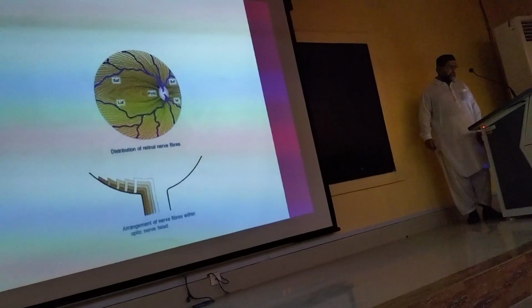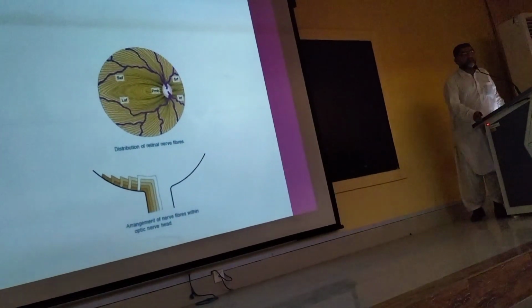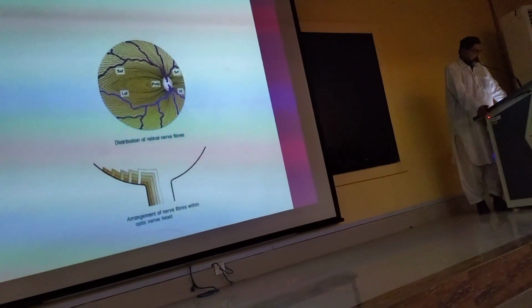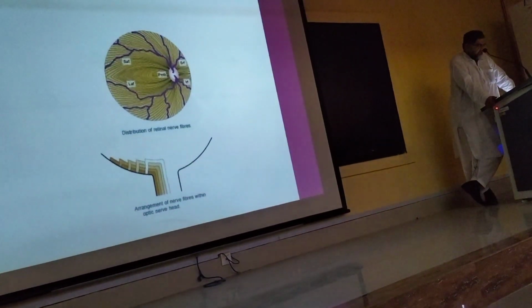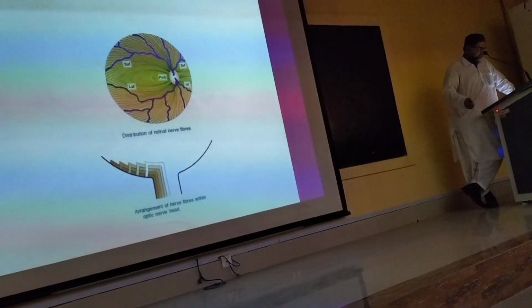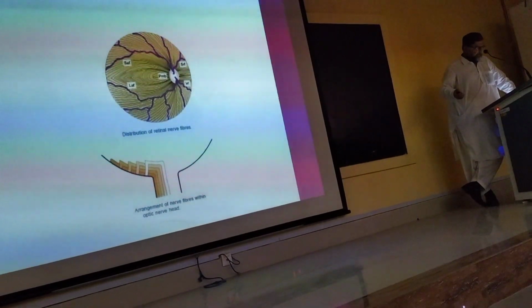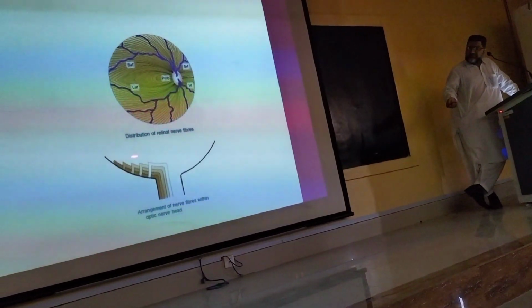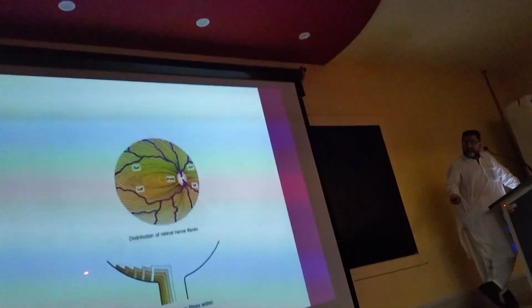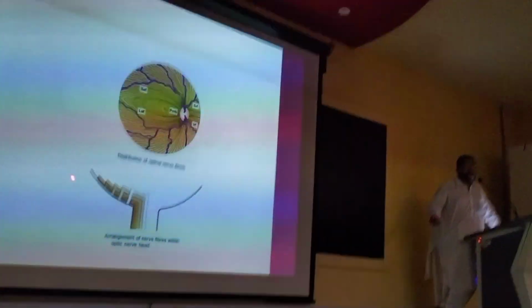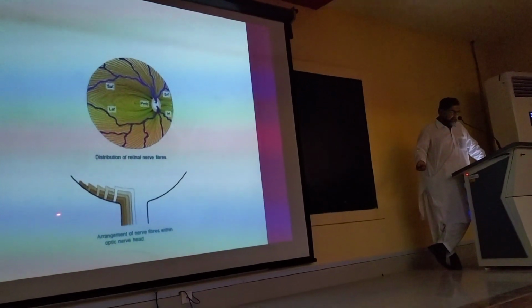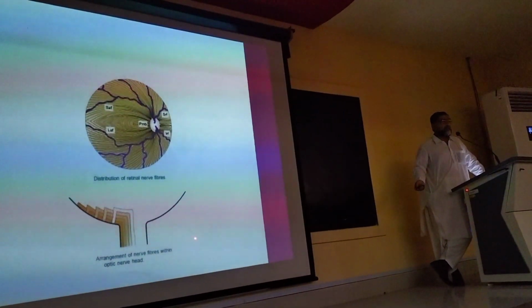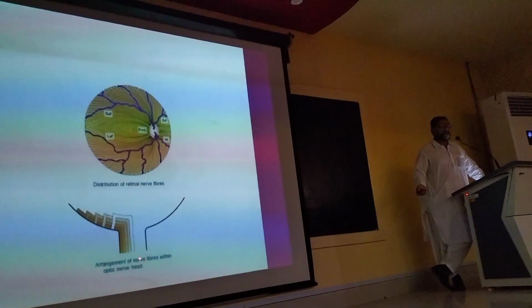How is the arrangement of these nerve fibers if you take a cut section of the retina and the optic nerve? You will see in this picture that the most peripheral retinal nerve fibers are on the outer side of the optic nerve.